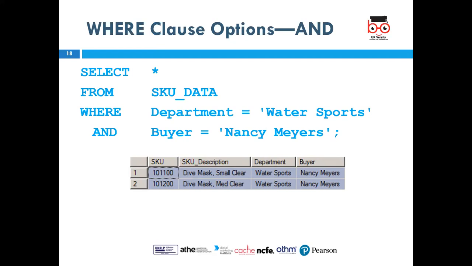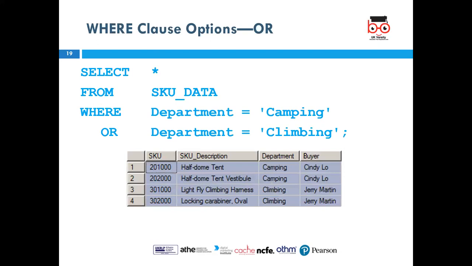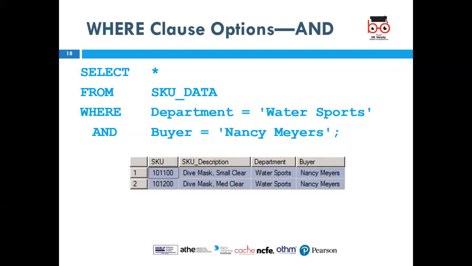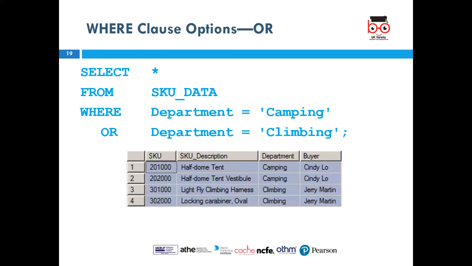So we now have the WHERE option, where we can use conditional statements and operators such as AND and OR, which allow us to select multiple attributes. With AND, we can select multiple attributes. So we could select water sports and another attribute such as the name of the buyer.